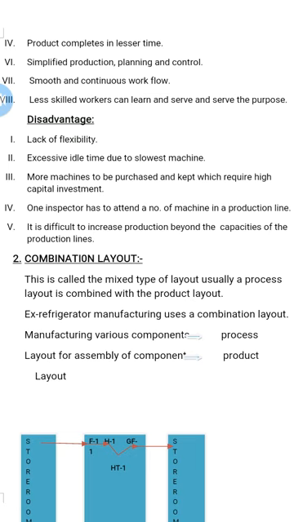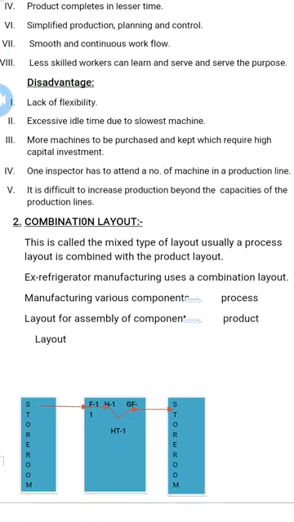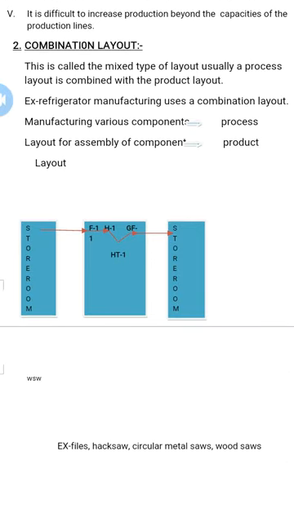One inspector has to attend a number of machines in the production line. It is difficult to increase production beyond the capabilities of the production line. So this is the disadvantage of product layout.